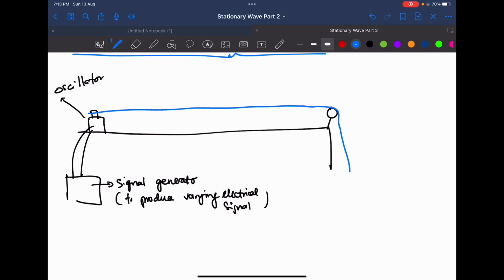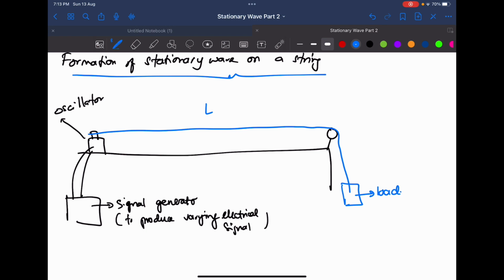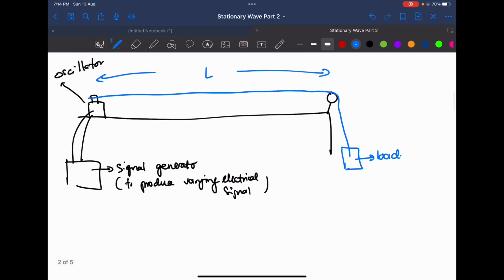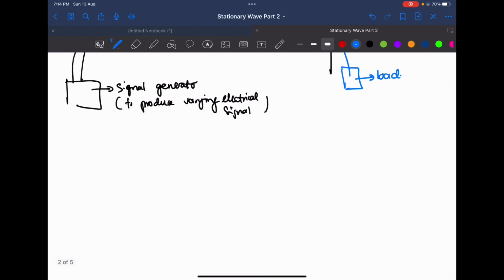And this is a string connected to a load, right? And let's say the length of the string is L. Okay, so what is the procedure to do this experiment?